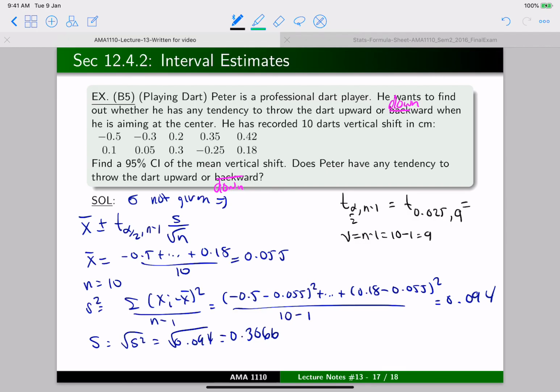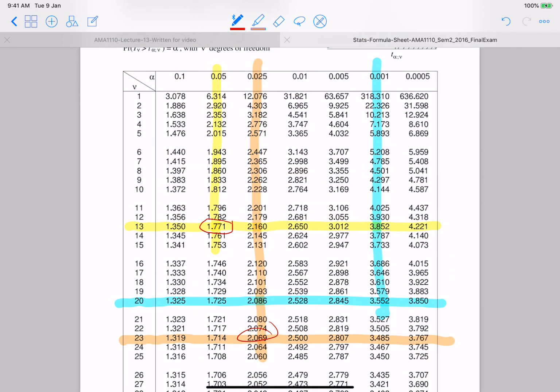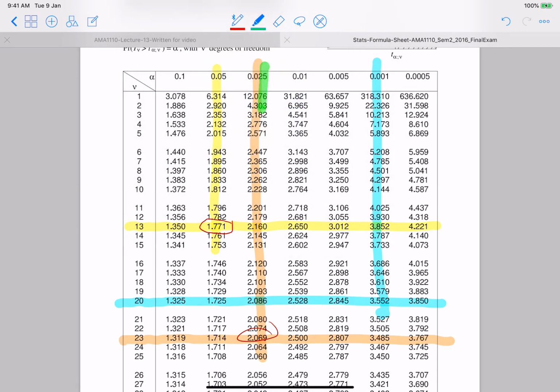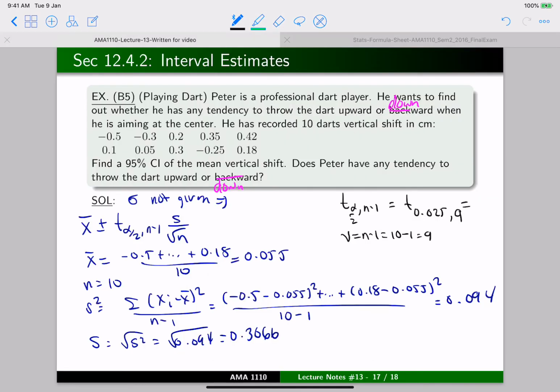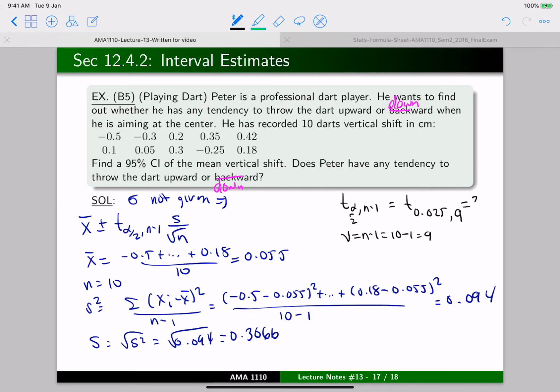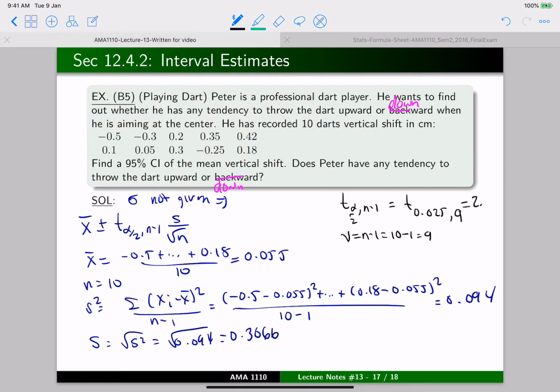So 0.025 is this one, and then 9 is the degrees of freedom. The intersection is 2.262.